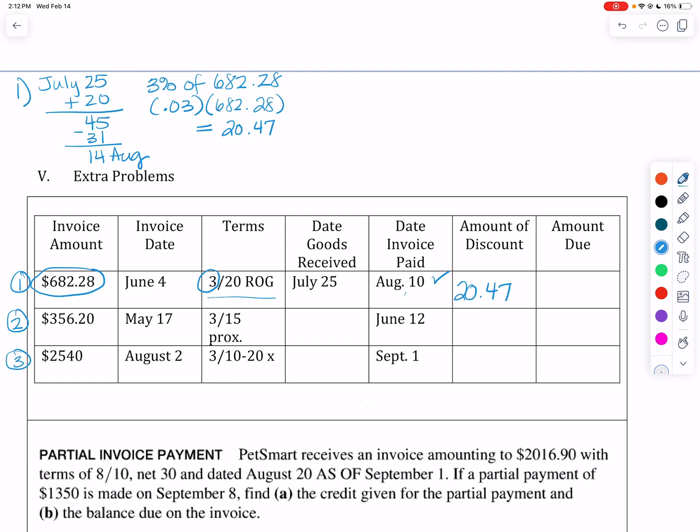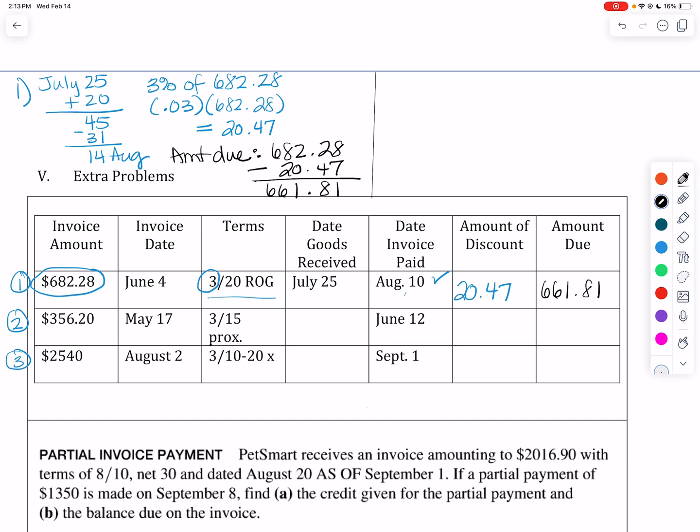And then the amount due is the invoice, $682.28, minus the discount, and that comes out to be $661.81, and that goes in here. Okay?